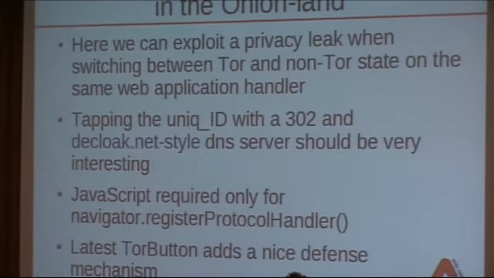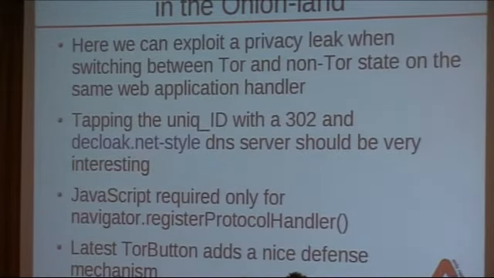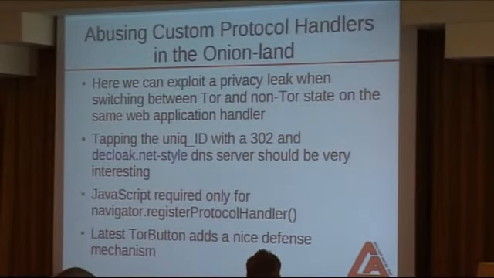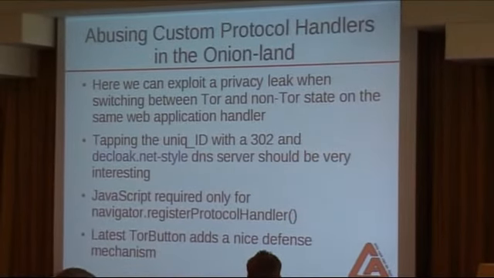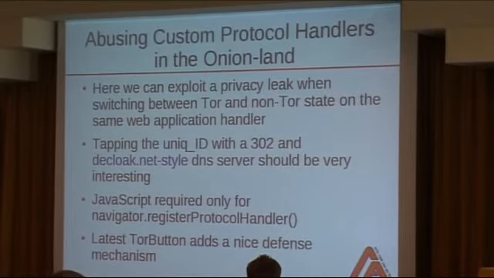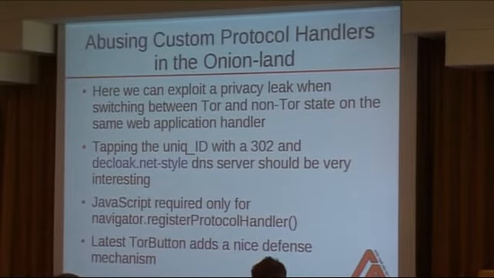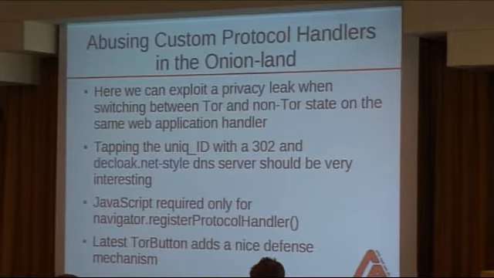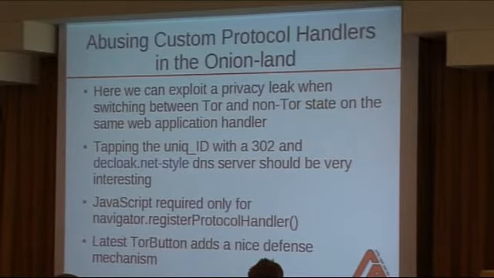How can we abuse it? Well, besides exploiting a privacy leak when switching between TOR and non-TOR states without clearing out the registered custom protocol handler, we could do a cool thing, which is tapping the unique ID we provide to the client together with a 302 redirection and the CloakNet style DNS server. Why do we need this kind of stuff?